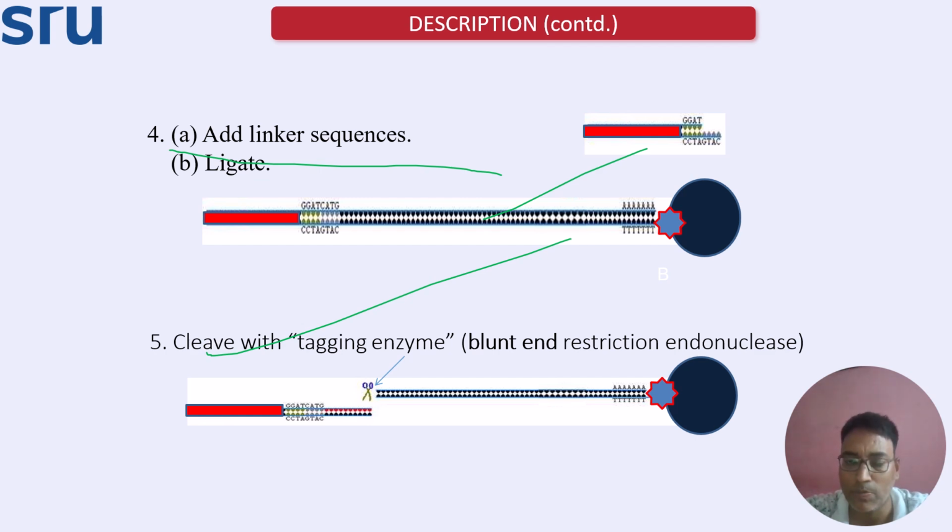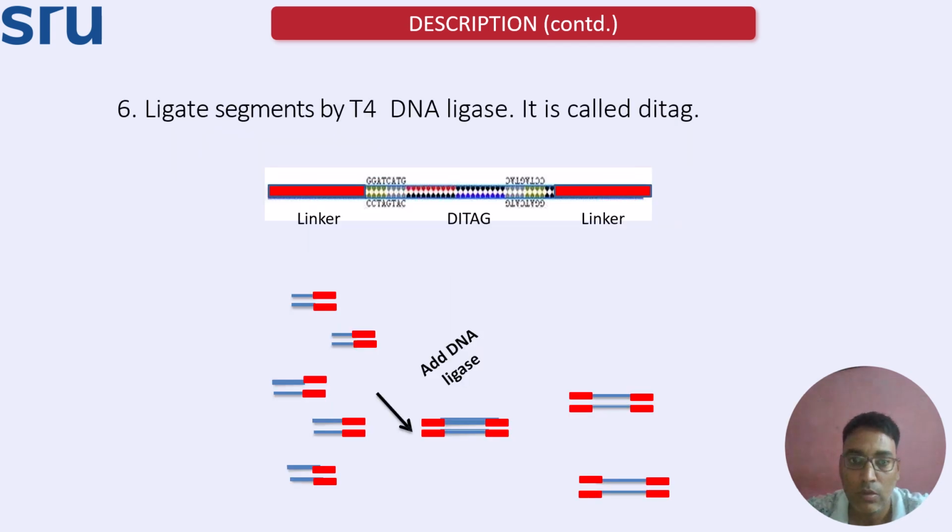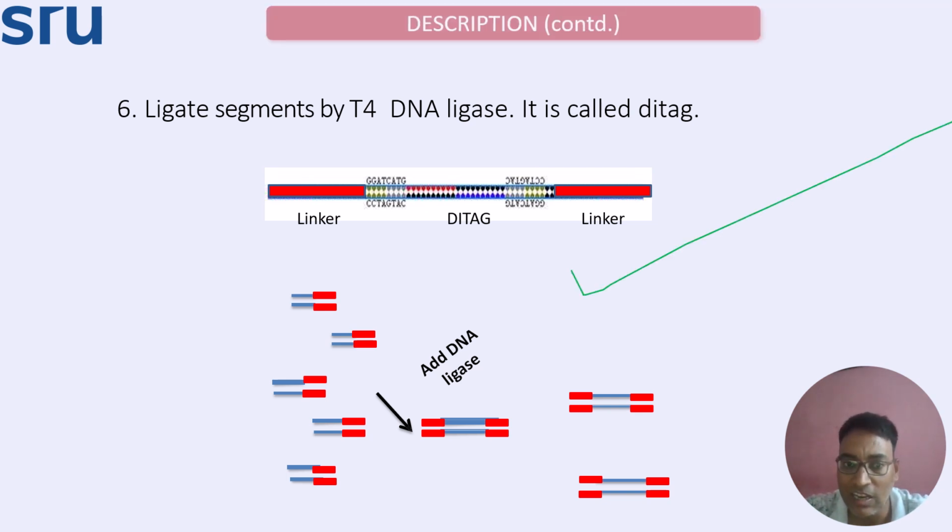All the small pieces are connected. Now I'm using the T4 DNA ligase. So now I'm calling each of the parts a ditag. Linker, and this is the ditag, because two tags are connected here. So it is termed a ditag.